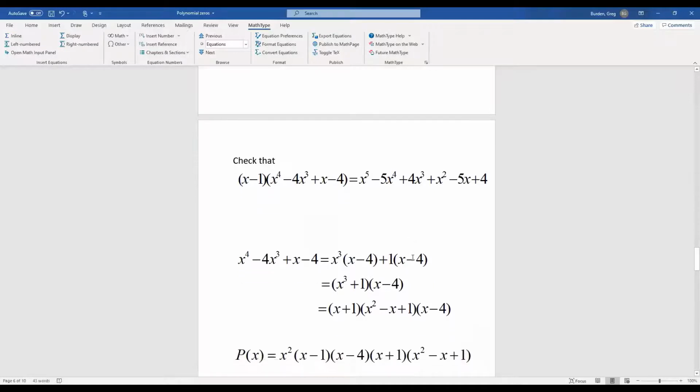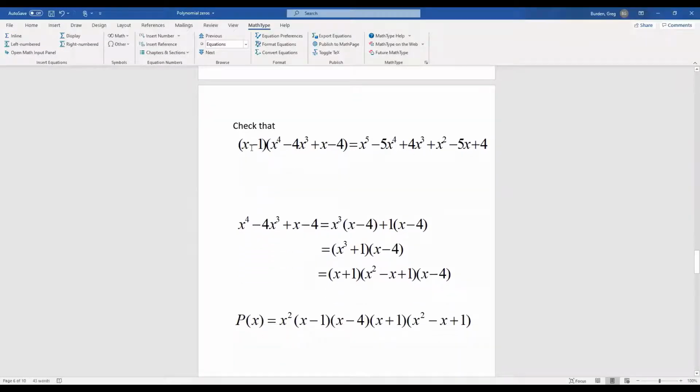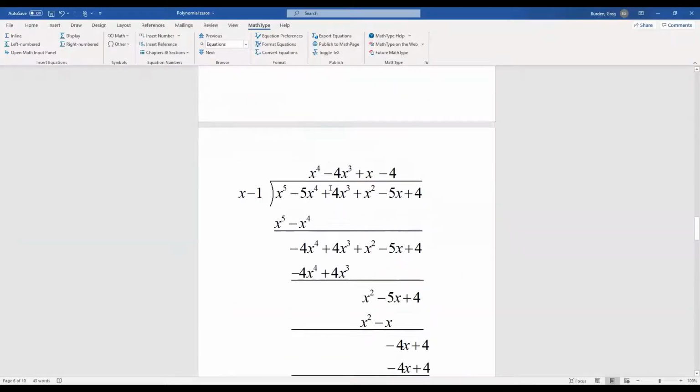Okay, so I have two factors here, x minus 1 and the fourth degree or quartic, four-term polynomial here. Lots of fours going on. It turns out that factors, you might look at it and kind of see the pattern. Could have actually maybe seen the pattern way up here.